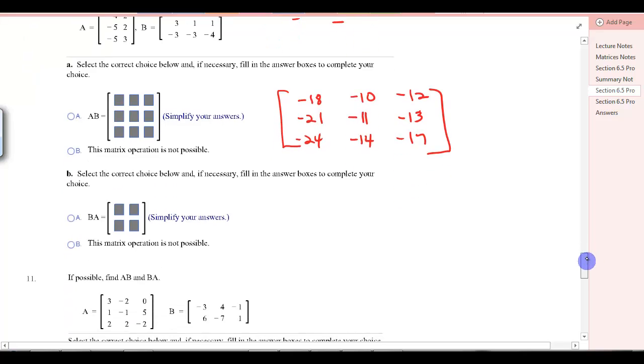All right, and then B times A we could also do. And so we would have -22, 11, 47, -24.